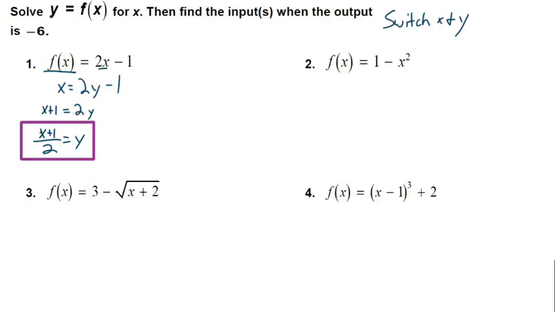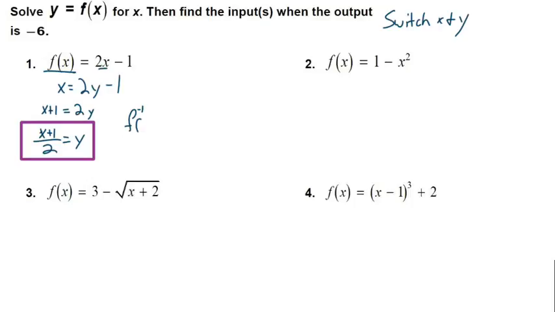Now, if you want to write in function notation, an inverse function is f to the negative 1. Yes, that is the power of negative 1, but that's not how we're using it. Whenever we use function notation and put a negative 1 up there, that means this is the inverse form of this function. And then the instructions tell us to find the input when the output is negative 6.